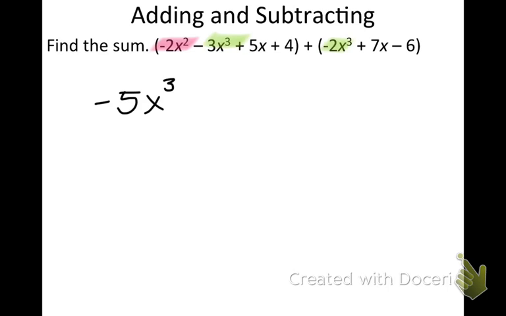Do I have a squared on the other side? Nope, so that just comes down because it's kind of like adding 0 to it. Now let's focus on the linears. What would you get when you added the linear ones? 5x and 7x, 12x, and then your constants? Negative 2. Good.